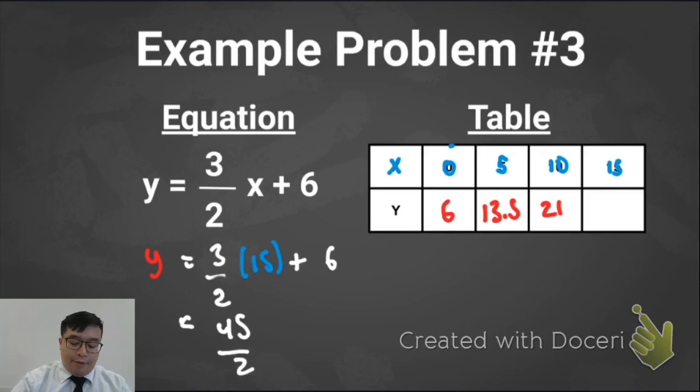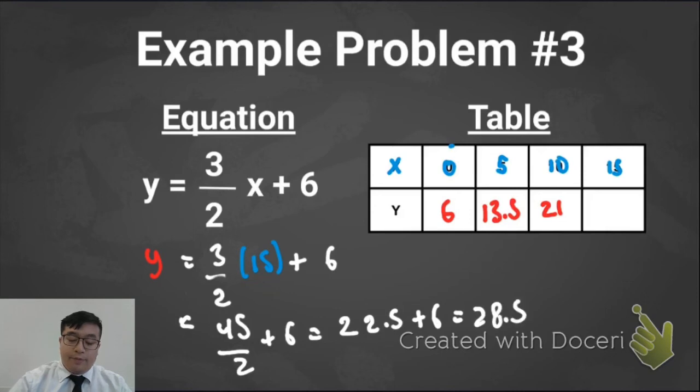And I still have the plus 6. 45 divided by 2 is going to be 40 divided by 2 is 20. 5 divided by 2 is going to be 2.5. So 22.5 plus 6. And 22.5 plus 6 is going to be 28.5. So when x equals 15, my y value is going to be 28.5.